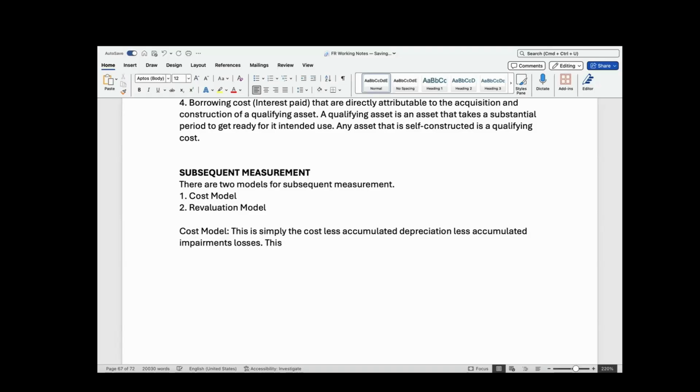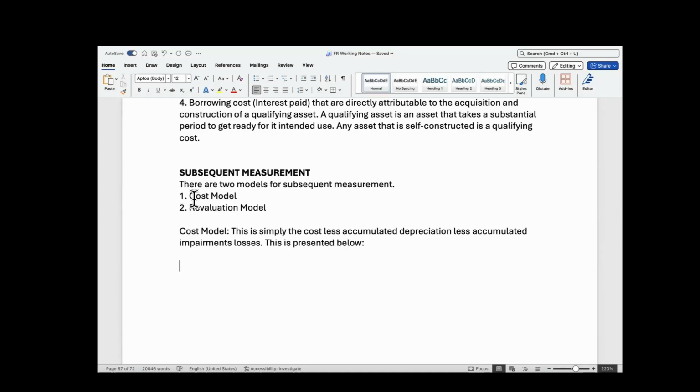Okay, this is presented below. I'm presenting it below not because I need to, but I just really need you to see the fact that it is a model, it's just a formula. So they can ask you in the exam to explain the models for subsequent measurement of an item of PPE. Nobody is expecting any special definition. Just tell us the model.